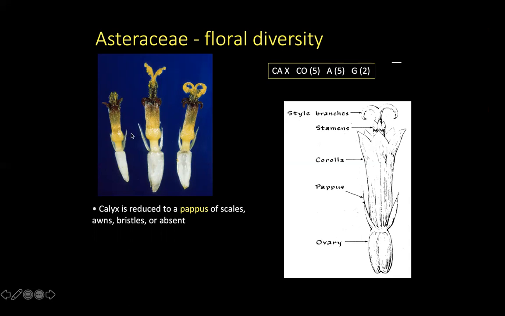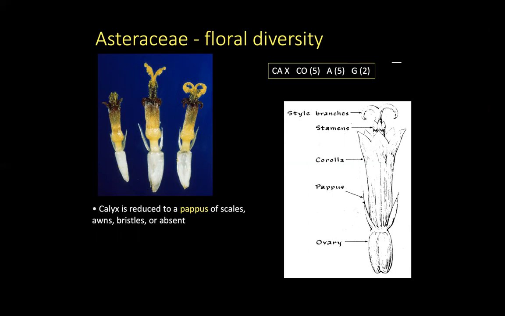It can be awns, like long pokey hairs. It can be bristles with nasty little curves on it. It can be absent. It can look like many, many things. It can look like a little crown. So being quickly able to identify an individual calyx and categorize it is one of the very first and most important things to do if you're keying out an aster.